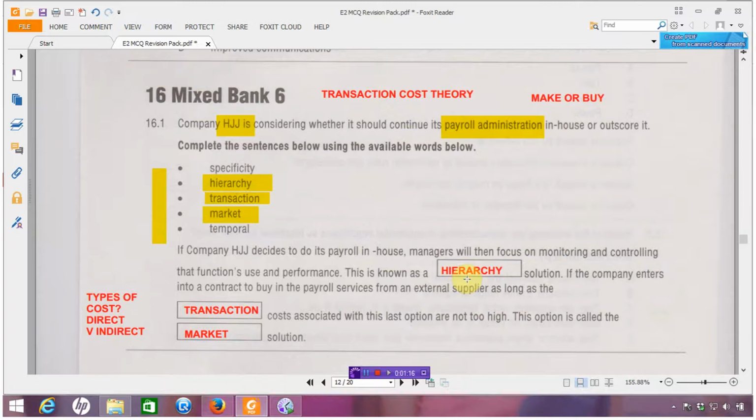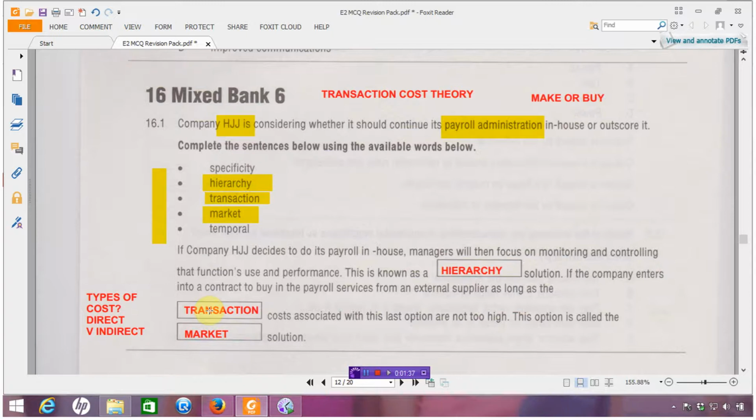And if the company conversely enters into a contract to outsource it from an external supplier, it asks what the cost would be called, and in essence they are transaction costs. And what sort of costs would be included under that banner?